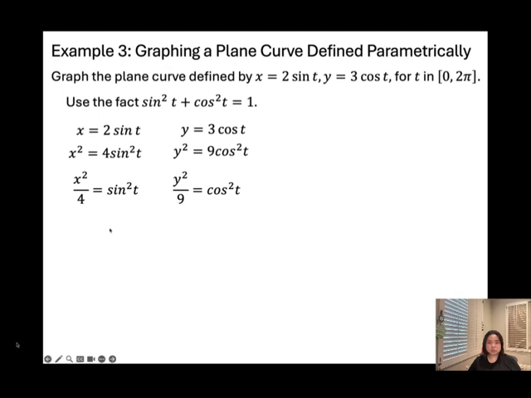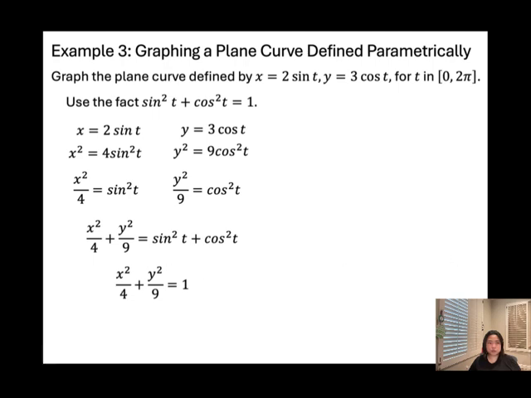Okay, right? So now we could add up these two equations. So you do have x squared over 4 plus y squared over 9 equal to sine squared t plus cosine squared t. And we know that from the formula, this guy will be equal to 1. Okay, remember what kind of equation is it?